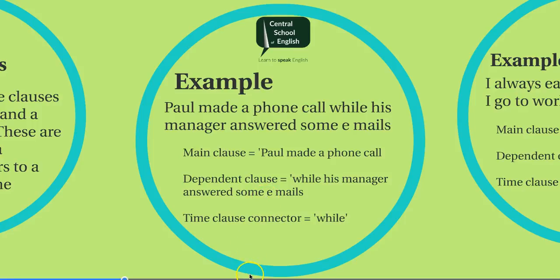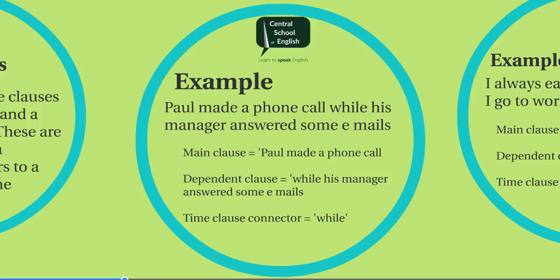The dependent clause is, "while his manager answered some emails." This is the dependent clause in the sentence because it cannot form a main sentence on its own. The time clause connector in this sentence is the word "while."